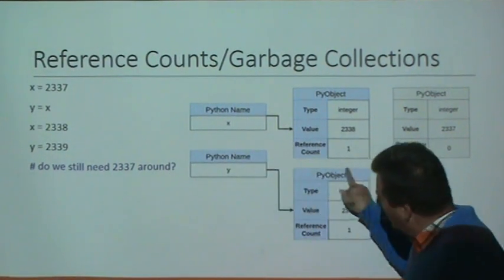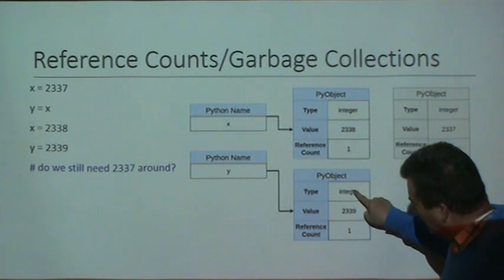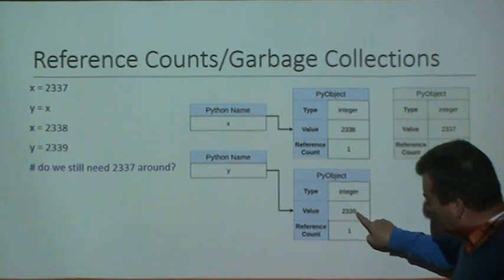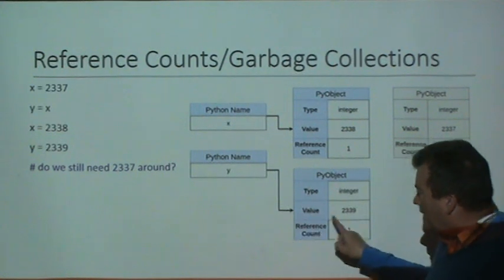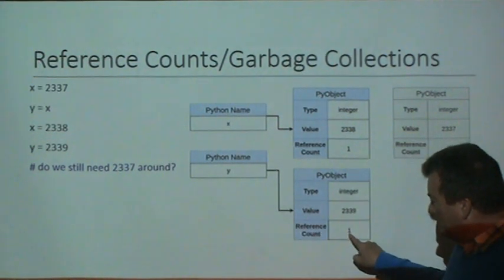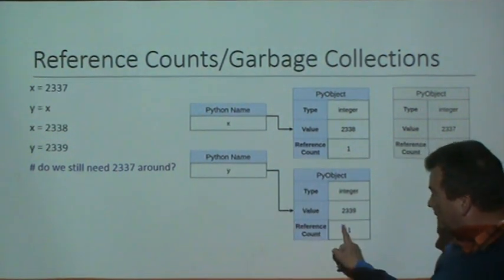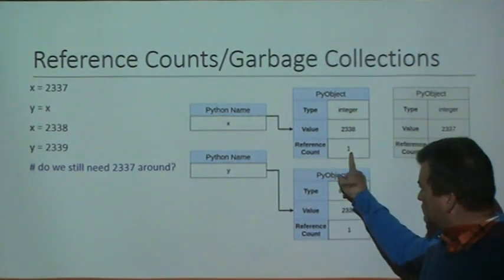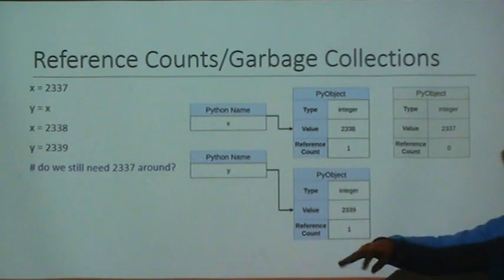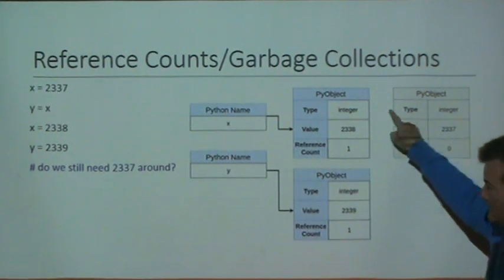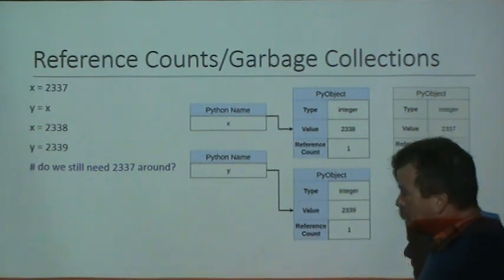So we created another chunk of storage, an integer with the value 2,339, and y points at this object, so there's one reference to it. x is pointing to 2,338, so there's one there. And the reference count of 2,337 dropped to 0 because nobody is referring to it. Therefore, we don't need this piece of storage.